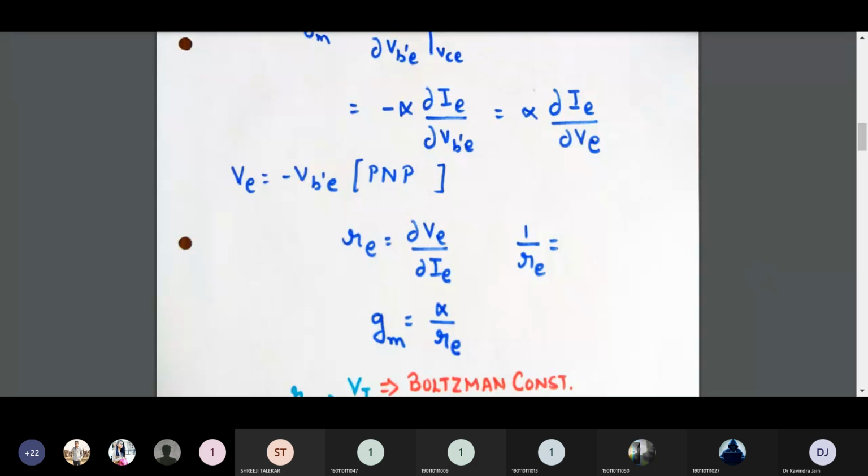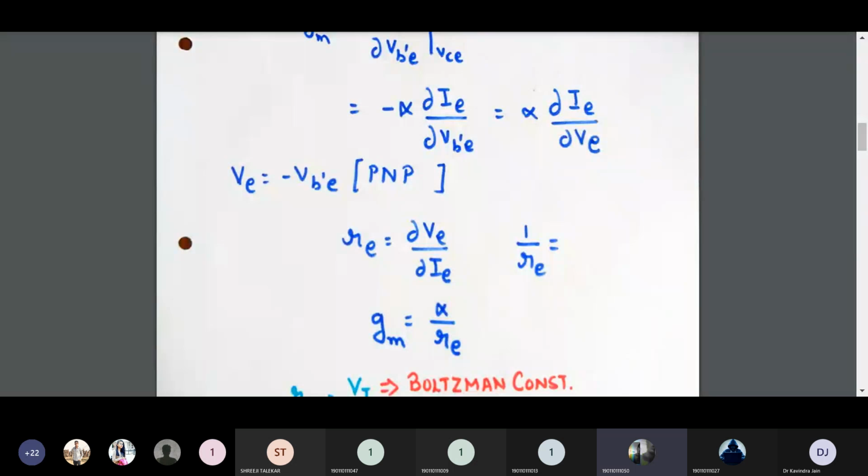I hope the equation is visible to all of you and you have written the formula of 1 upon RE so that it would make you comfortable in writing gm. Once you note down the formula, please let me know so that I can proceed further.